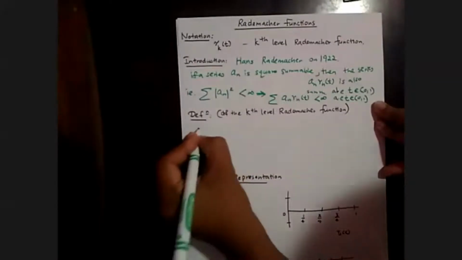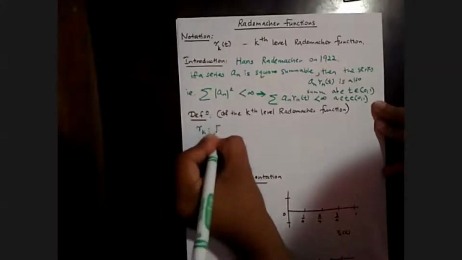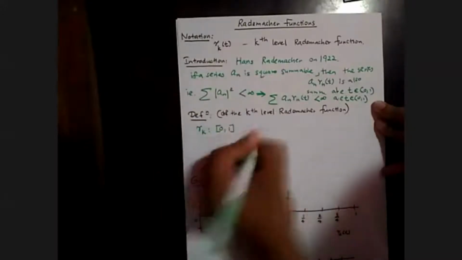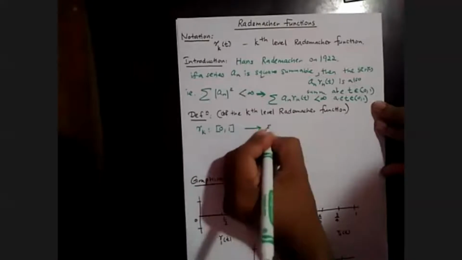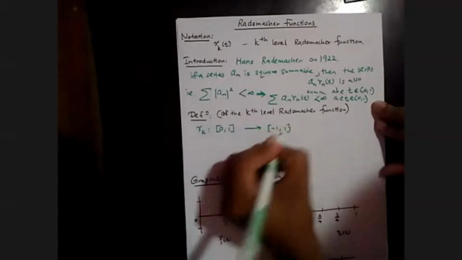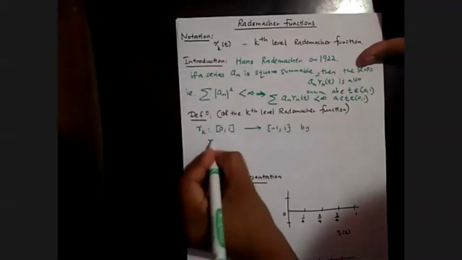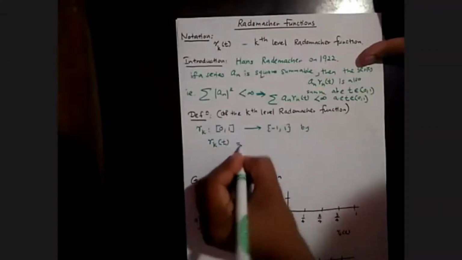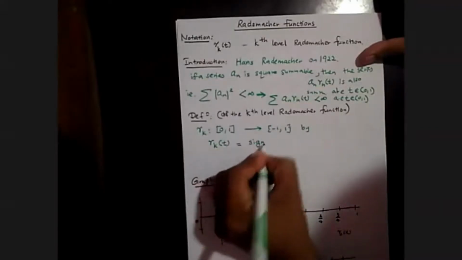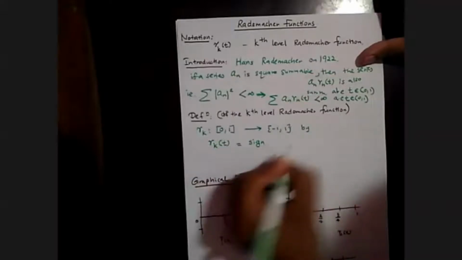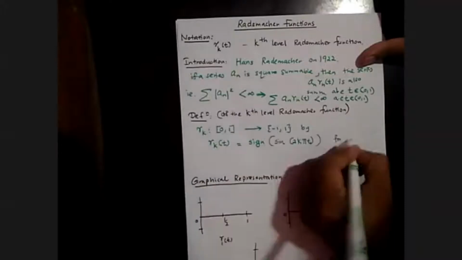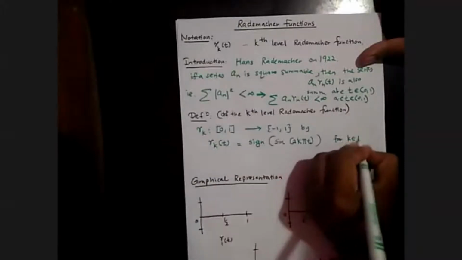We define R sub k on [0, 1] onto the set {-1, +1} by R sub k of t equals sign of sine 2^k pi t for k in the natural numbers.